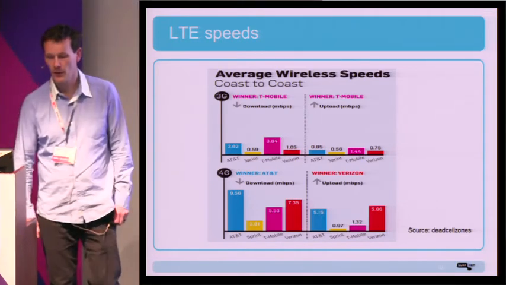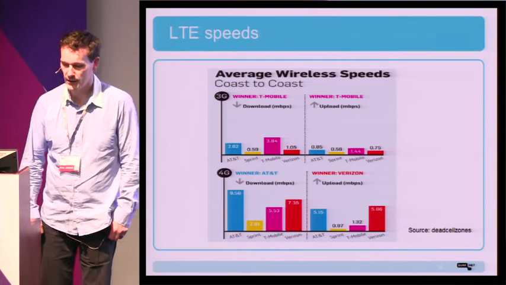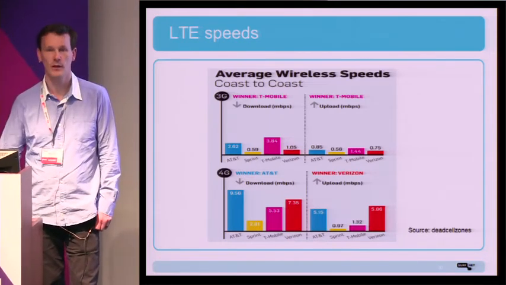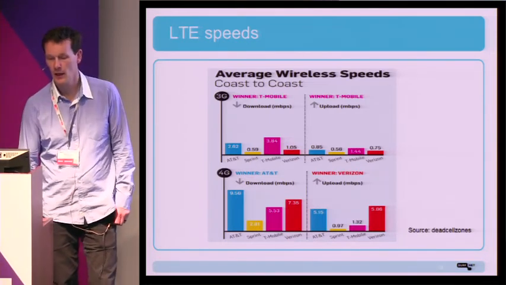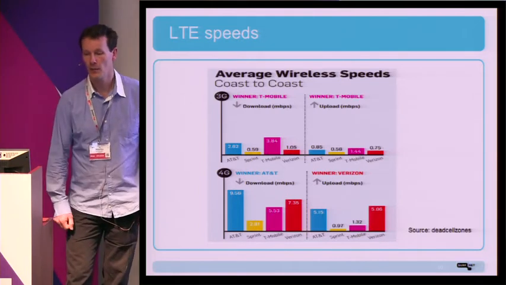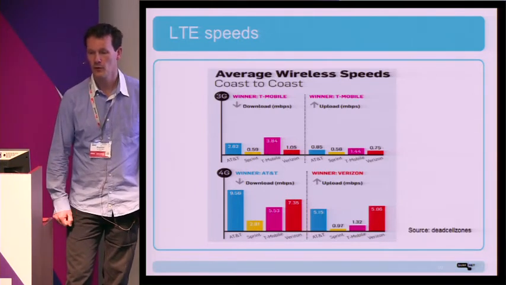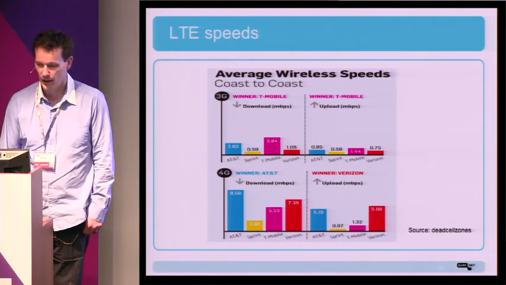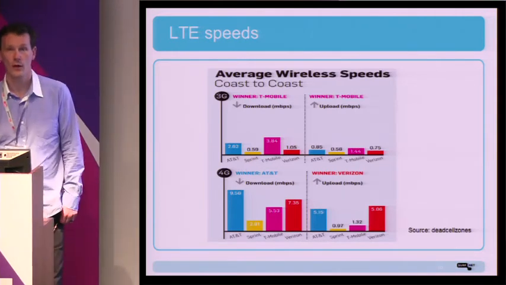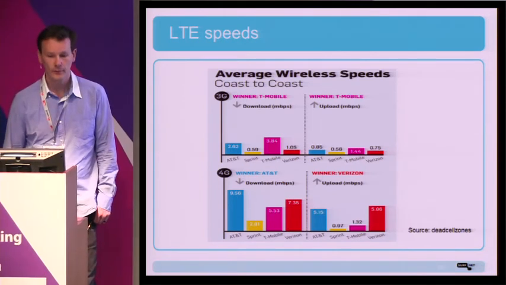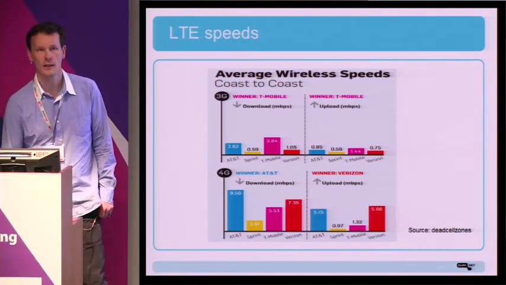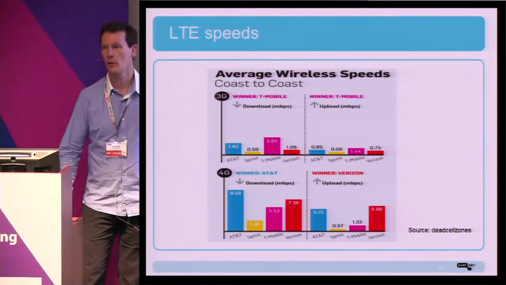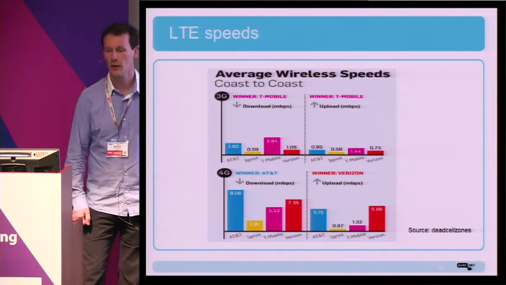So take a look at the LTE speeds. If you compare it with 3G, then you see that if you look at the download speeds, it goes from 2 or 3 megabit per second to about 10 megabit per second for the winner here. And the upload speeds are also dramatically increasing. The top speed you can get with LTE, they say it's about 150 megabits per second.